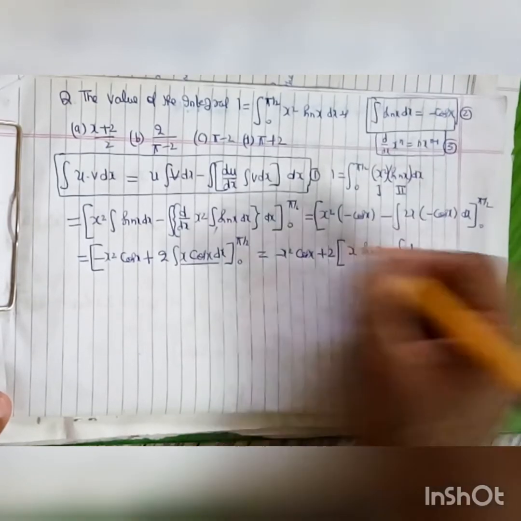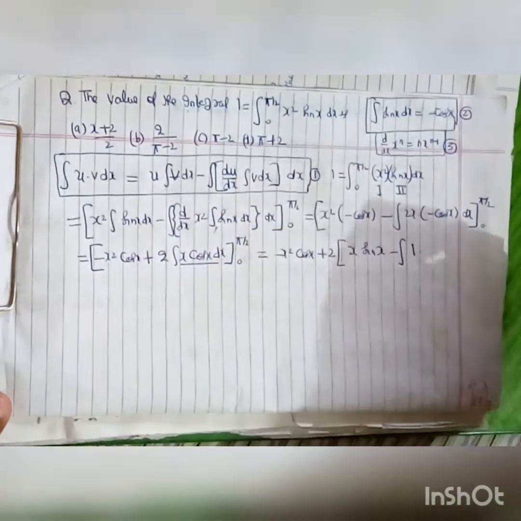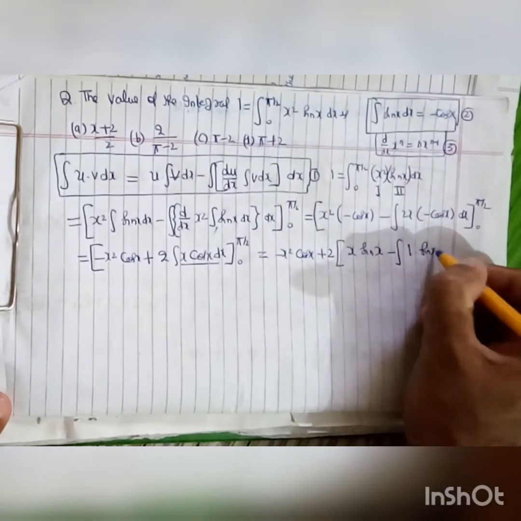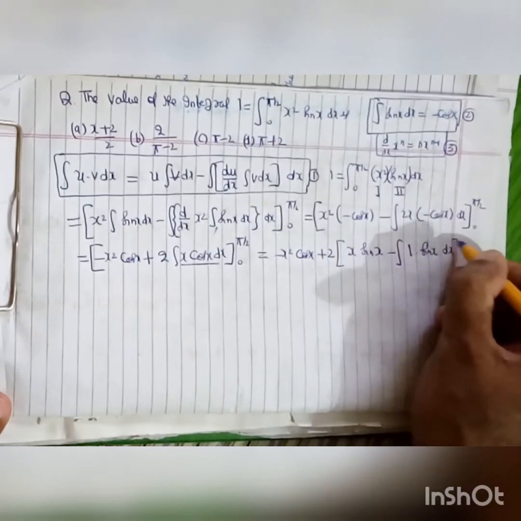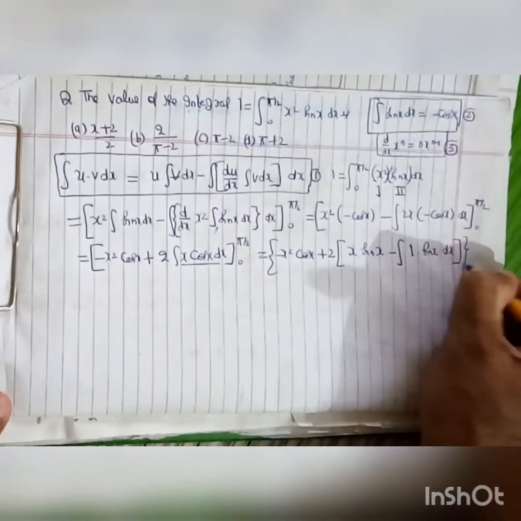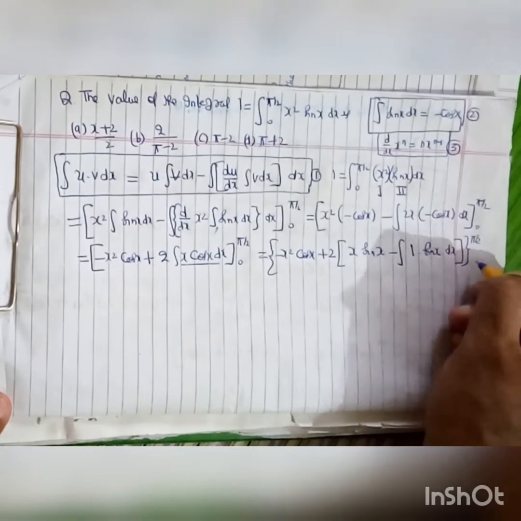Integration of second will be the integration of cos x, which is sin x dx. Limit pi by 2 to 0.